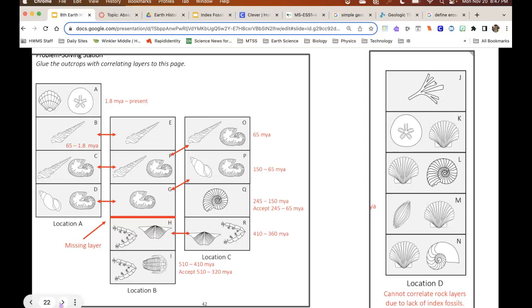So while we see that some of them repeat, like for example, the clamshell that you find in layers K, L, M, and N, it's too wide of a time span for those to be considered index fossils, because those have lived for many, many different years. All right, hopefully this will help you some with finishing your lab station and help you with your CER.